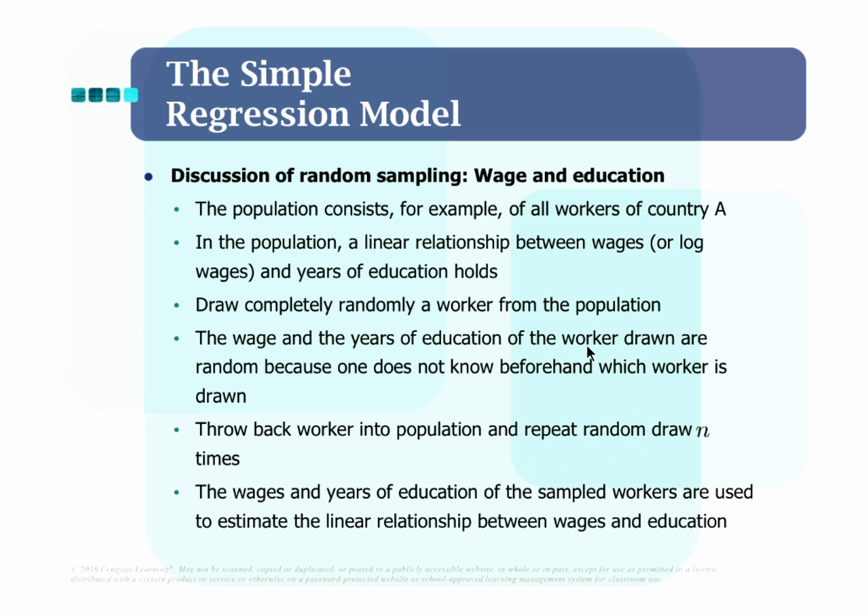Then we throw the worker back into the population and repeat the random draw n times, so that we get a random sample of wage and education of size n, namely with n observations.